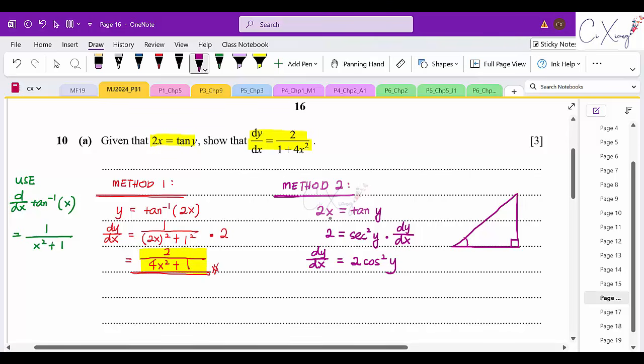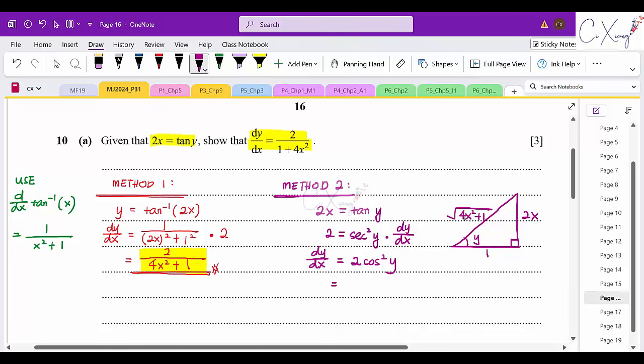If I label this angle as y in a right angle triangle, tangent y is 2x means this side is 2x, this is 1, so the opposite divided by the adjacent gives you 2x. Then what about the hypotenuse? The hypotenuse will be the square root of 4x squared plus 1, because you square this one, plus 1 squared, then square root. So this is what you get.